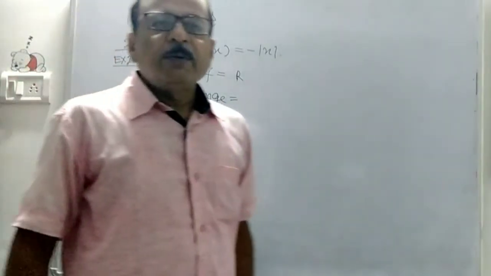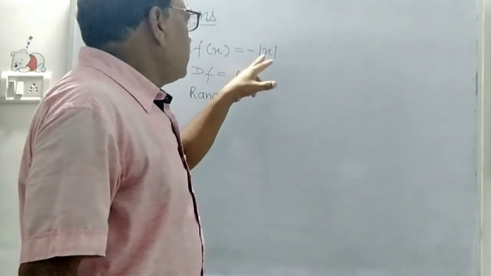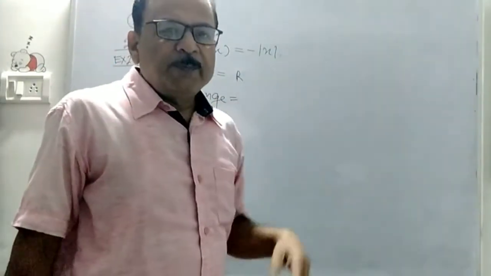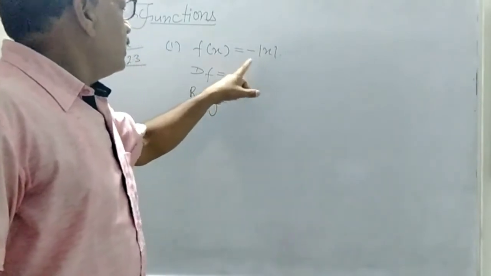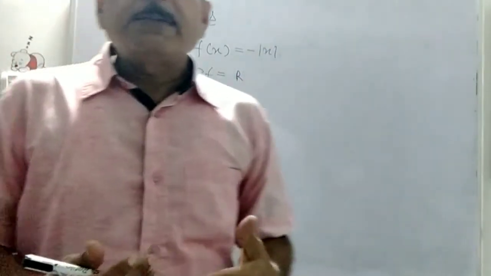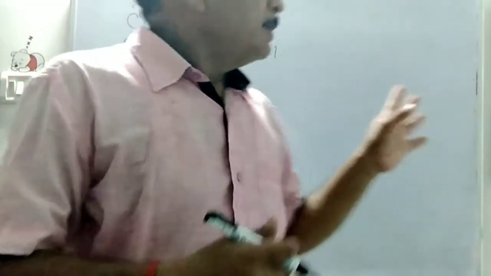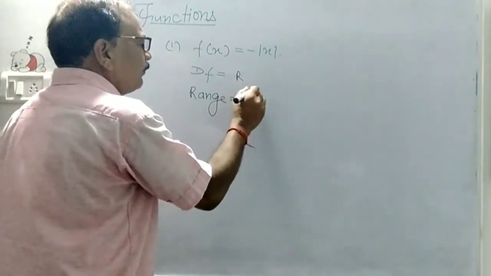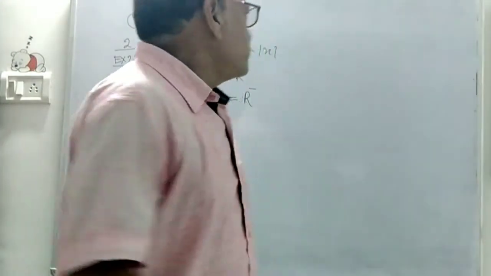You know that the domain is all real numbers, and mod of x is always positive. So the range is the negative real numbers. So this is the first part.